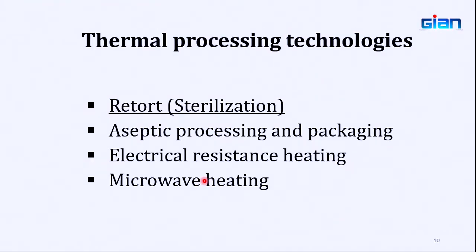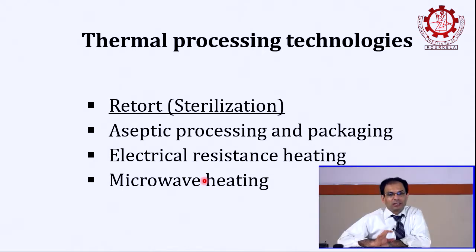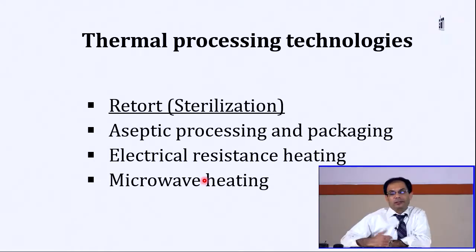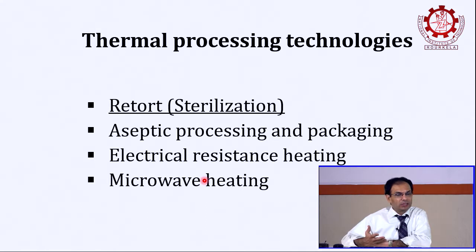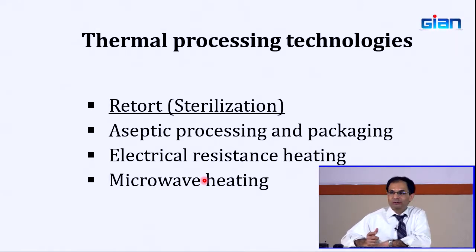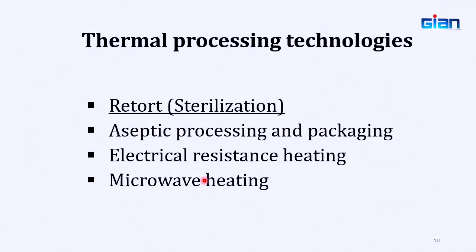So now let's look at what are the advances that have happened in terms of the technology. The concepts which I explained have been there 100 years. The science has not changed, but the technology has changed over the period. We have retort-based sterilization, aseptic processing and packaging.